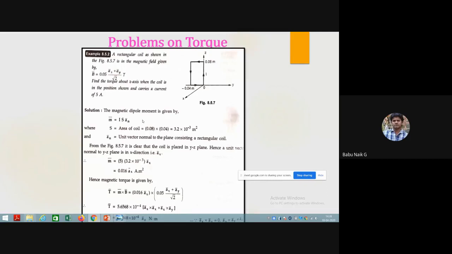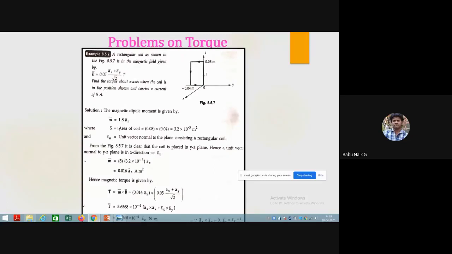Now you can calculate the area, given here as 0.08 meter on the z-axis and 0.04 meter on the y-axis. If you calculate this, you get 3.2 into 10⁻³ meter square.